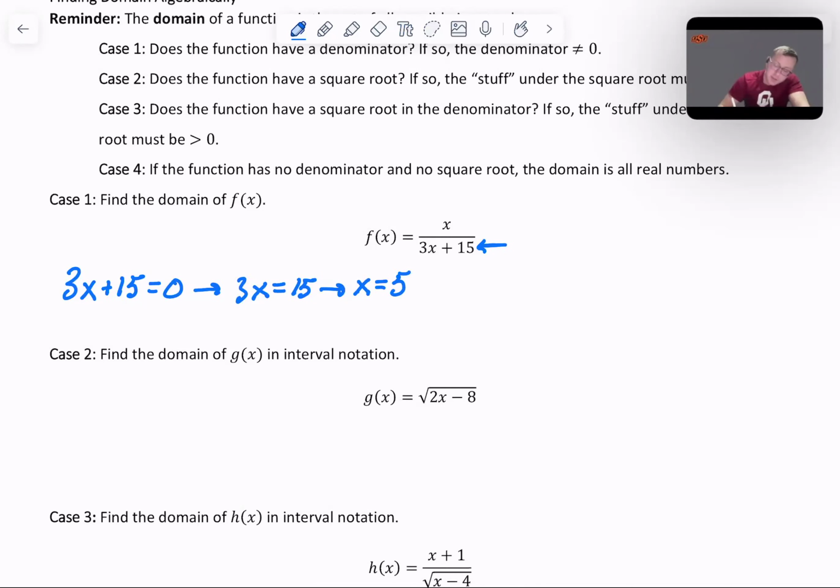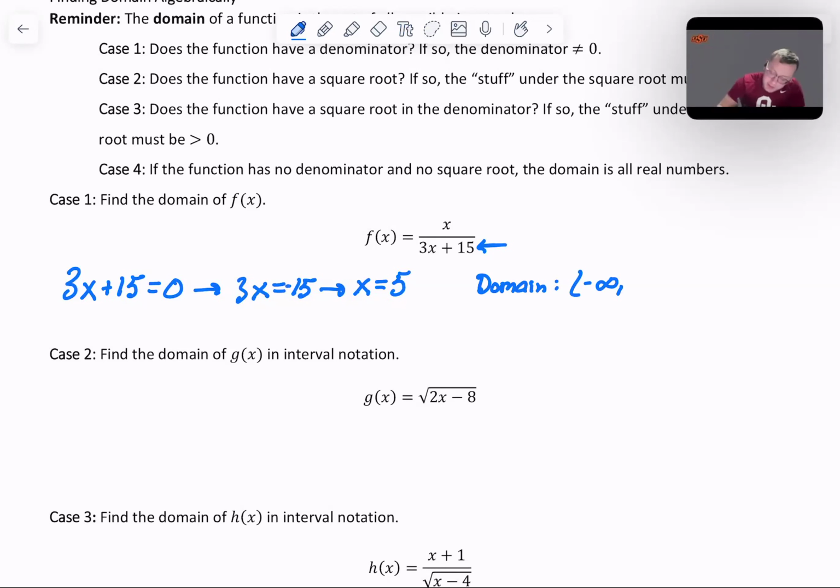There's a couple ways you could write it. If I want to write this in interval notation, then the domain consists of negative infinity up to, oh, this should be a minus 15 here, my bad.